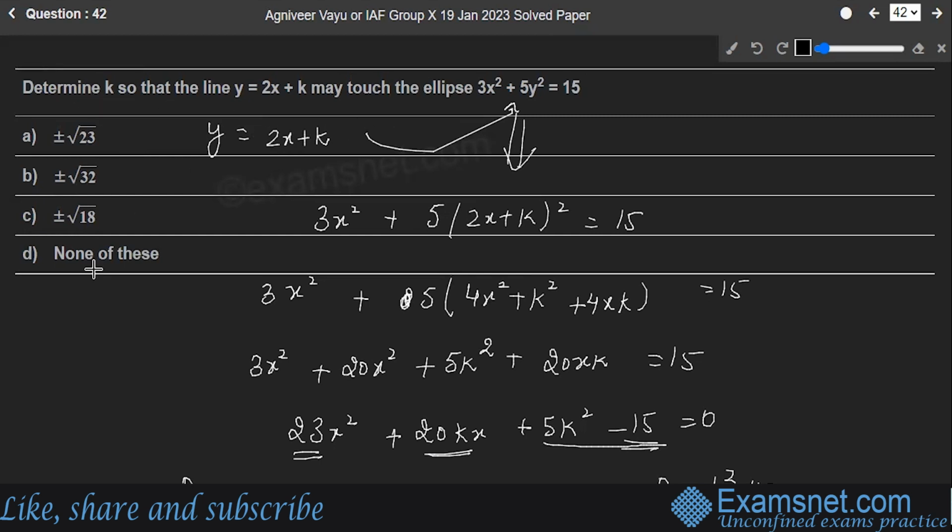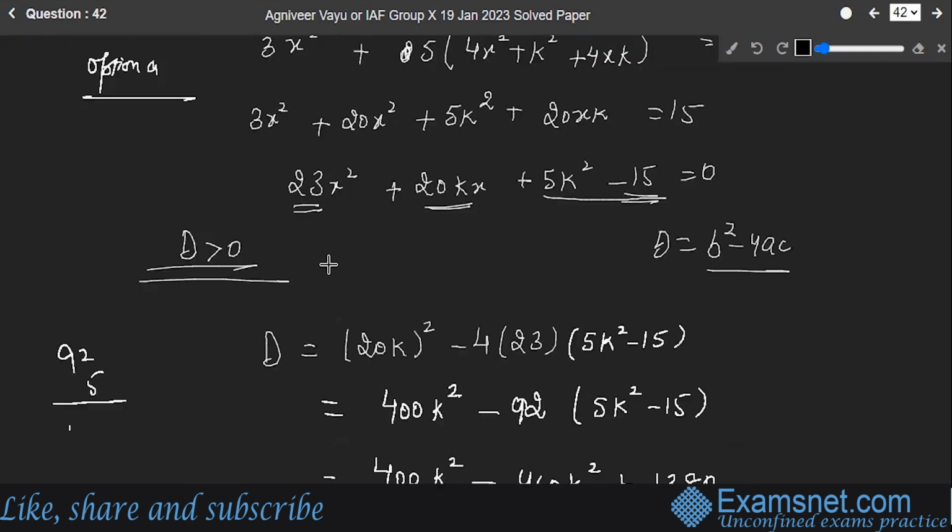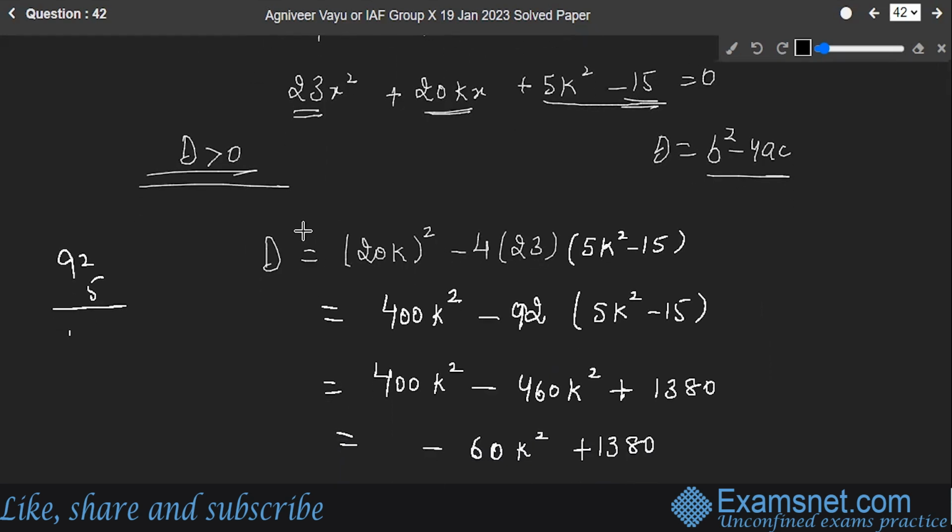So that this may touch. So this is root of 23. Option A has got to be the correct answer. Right. So if they are touching the line, the discriminant may be greater than or equal to 0, I should say.